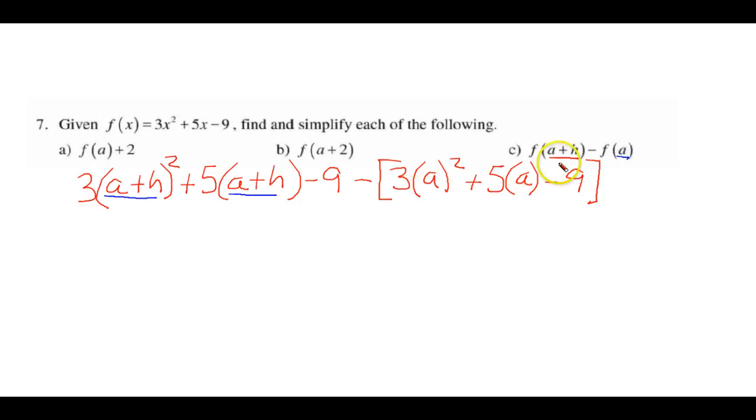So now we have to kind of start to simplify. And I'll do it in parts so you can follow. So now I have to expand this binomial. So I square this first term, multiply these two together, and then double it, square this term, and I get this.